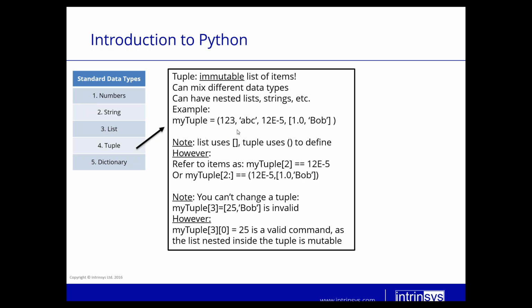What I can do, however, is I can change the individual list if it's inside the tuple, because that is happening at the list level, not at the tuple level. So for example, this command to change the first element of this list is perfectly valid, although the list is inside the tuple.